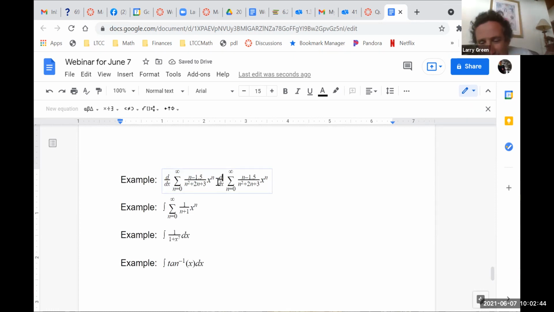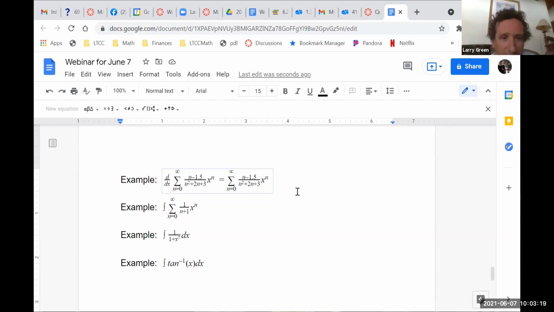Put an equal sign, get rid of the derivative. Oops. And then what has to change? How do I take a derivative of x to the n? What's the derivative of just the x to the n part? Not integral, derivative.